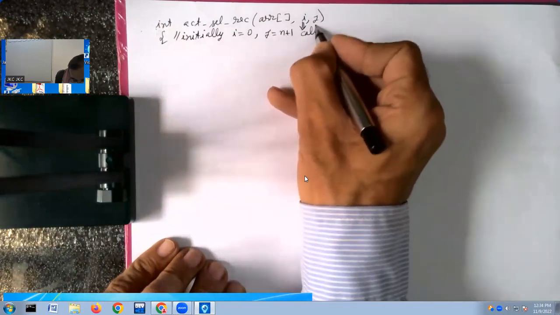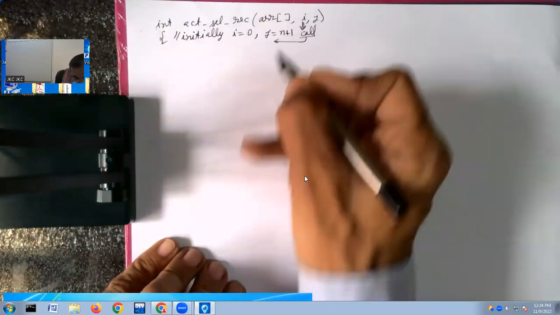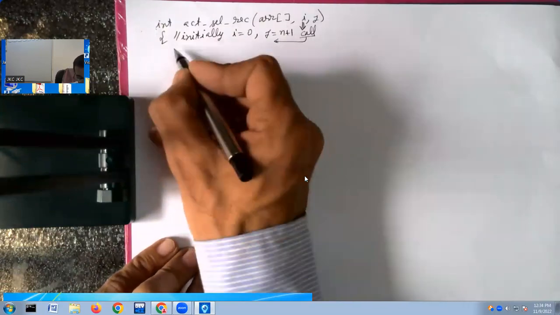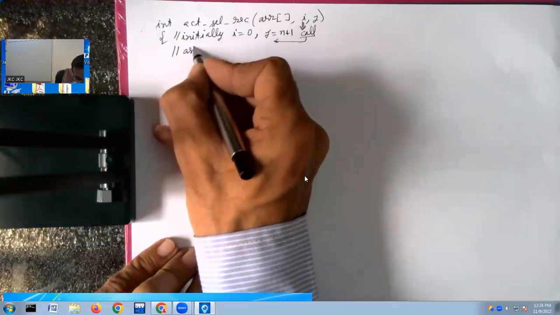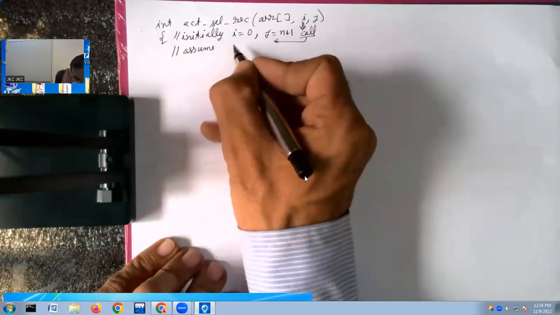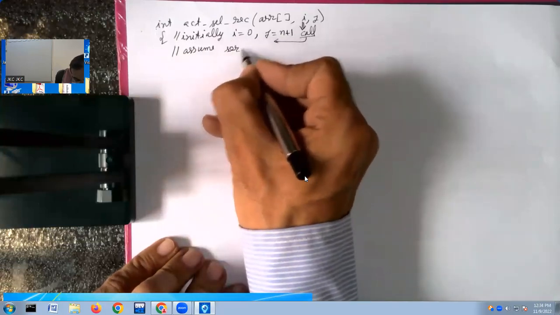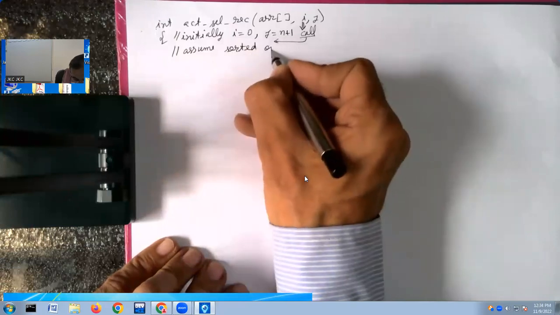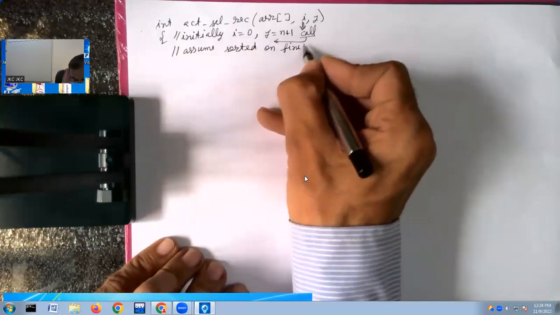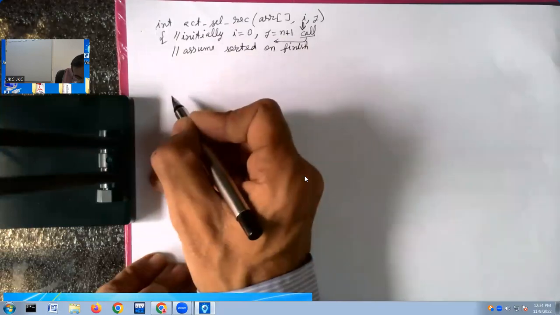So the initial call is made with these variables. I assume, again, sorting will be done outside, because I should not recursively sort it again, sorted on the basis of finish time. So that sort call also should be outside.